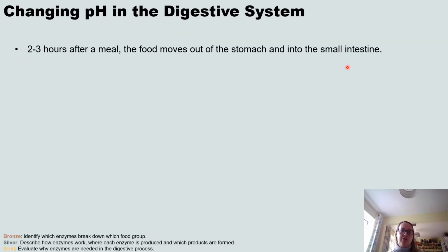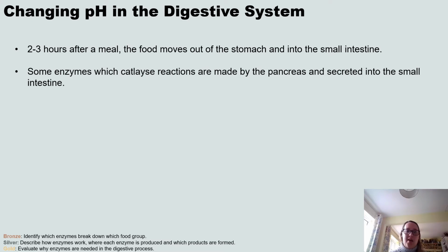So about 2 to 3 hours after a meal, the food will move out of the stomach and into the small intestine. So that'll be the duodenum that it will move into. Some enzymes which catalyze reactions are made by the pancreas and are secreted into the small intestine. So the pancreas is a leaf-shaped organ, and that has two purposes.